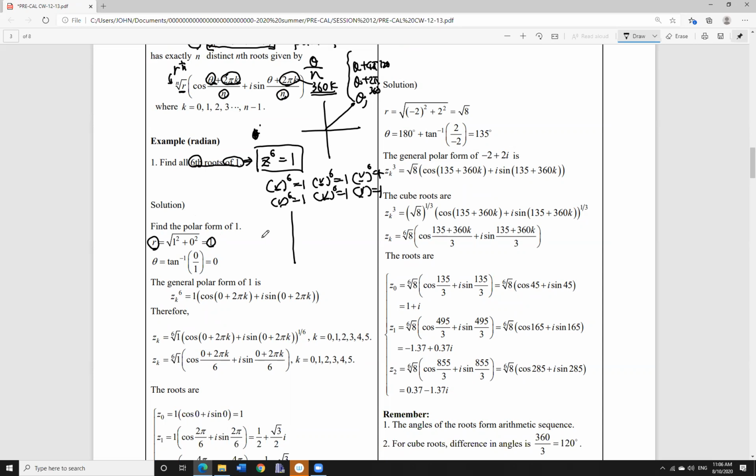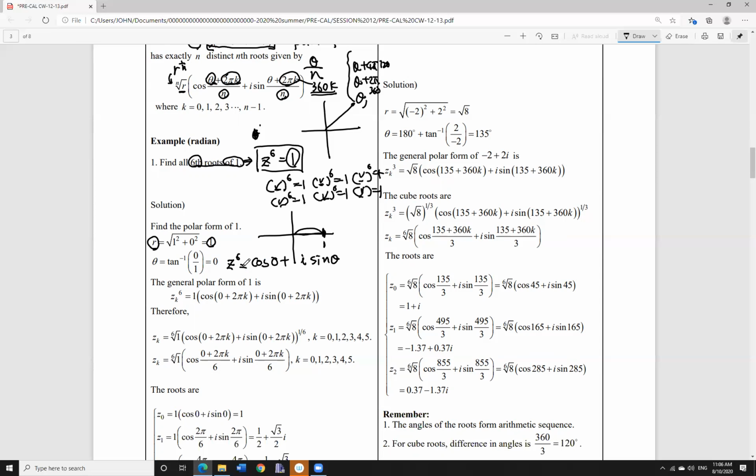The magnitude is 1, the angle is 0. So the polar form looks like this: cosine 0 plus i sine 0. That is the number, and that equals g to the 6th.